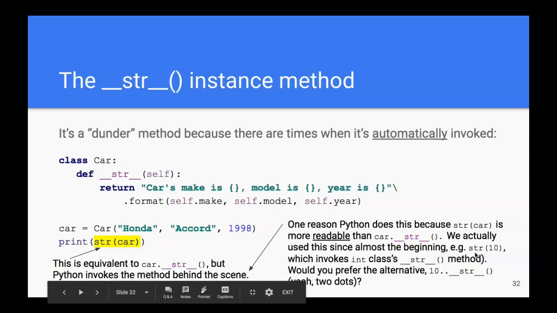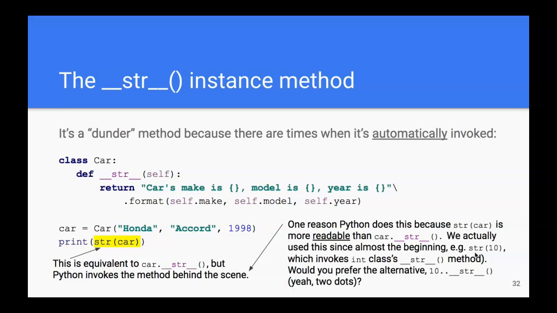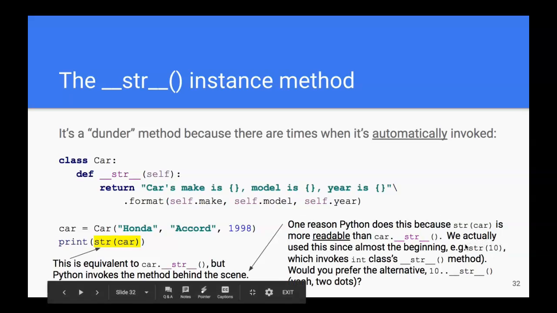So now we actually understand what happens in this case. What really happens is the int class has a dunder string method, and that dunder string method is implemented such that it will return a string for the number 10. Okay, so that's actually readable.